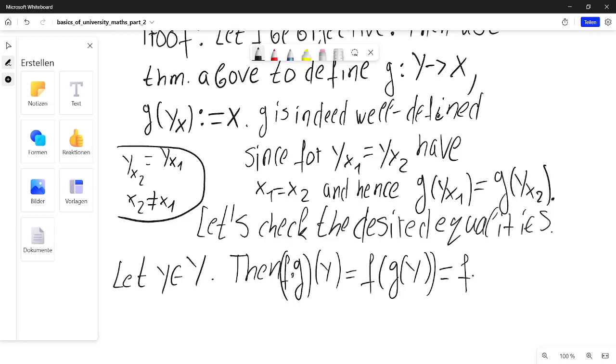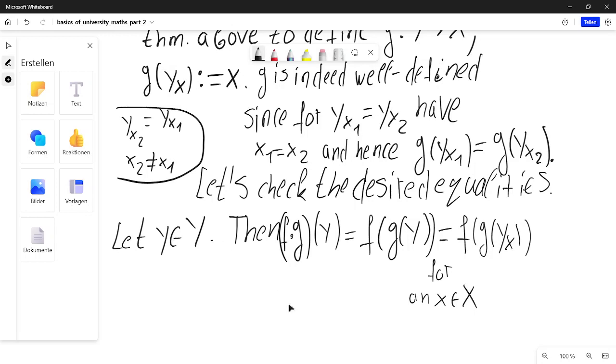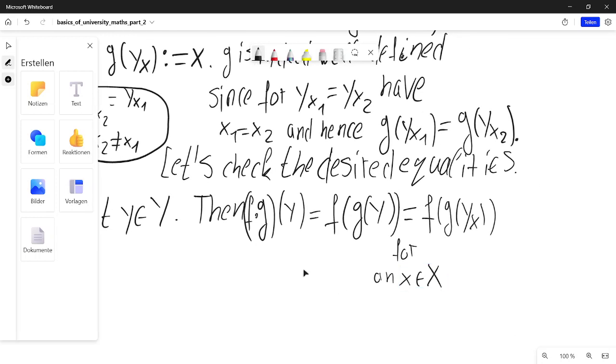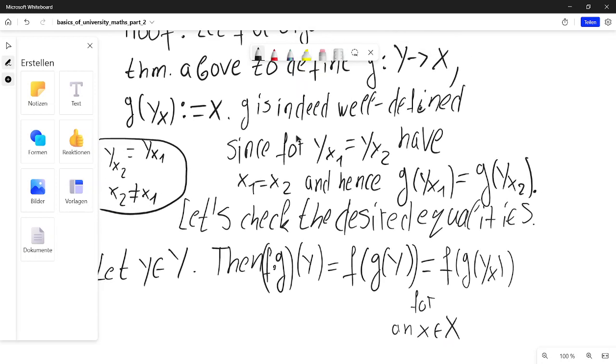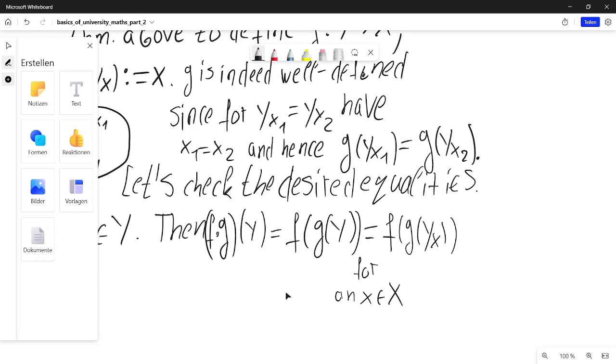Okay, we have to look at f of g of y_x from x, an element of X. Just recall that any such y in Y is such a thing for an x, an element of X, and since we have that for a unique x in X, right?